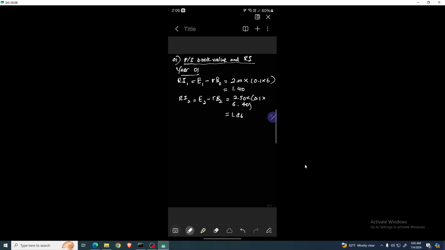And then year 3, EPS for year 3 minus cost of equity into share price of year 2. Sorry, this should be year 1, okay?